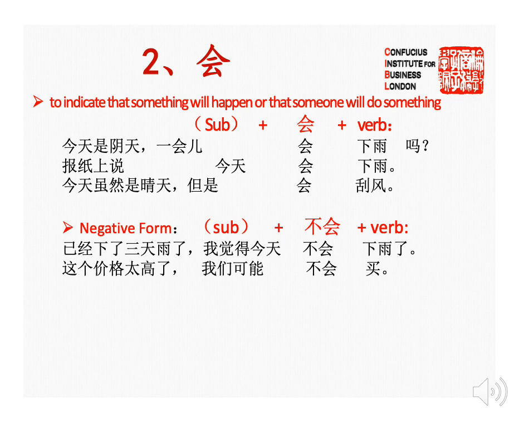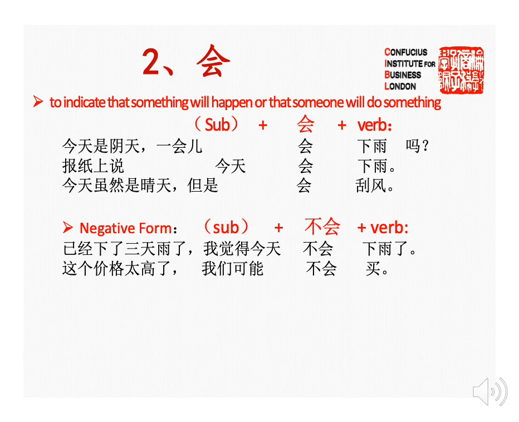And the negative form is just some subject and 不会 and plus verb. For example, 已经下了3天雨了，我觉得今天不会下雨了。So, it has been raining for 3 days and I think it will not rain today.